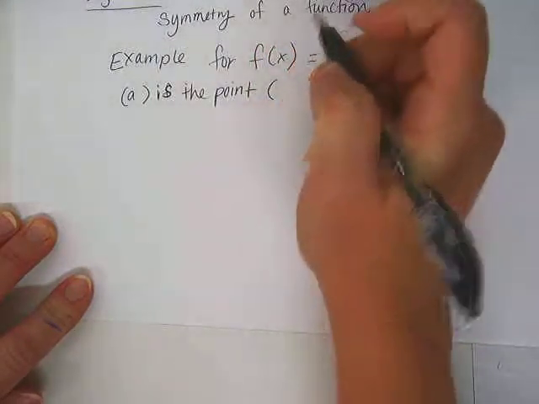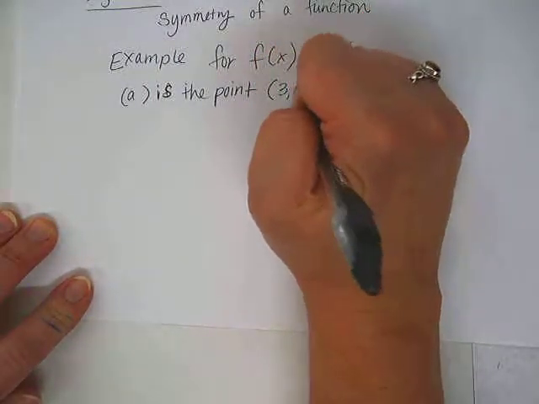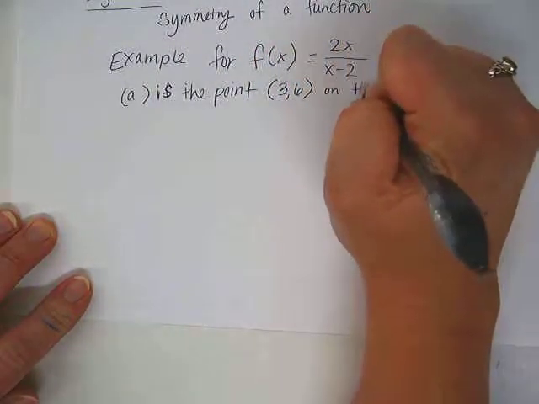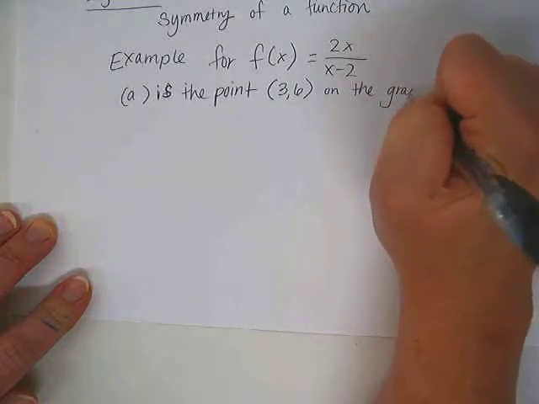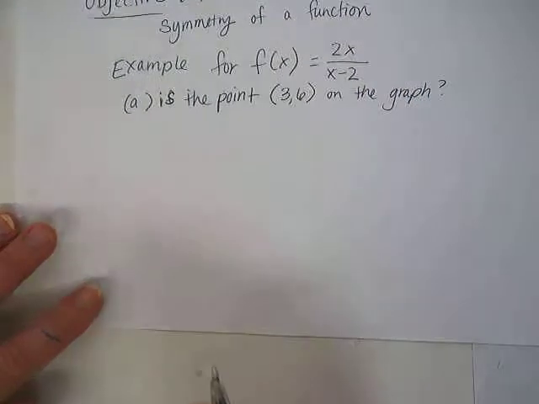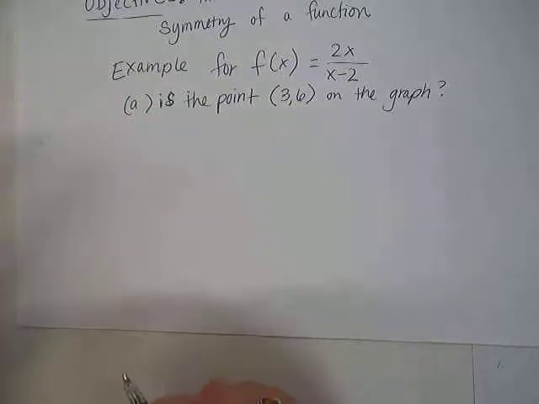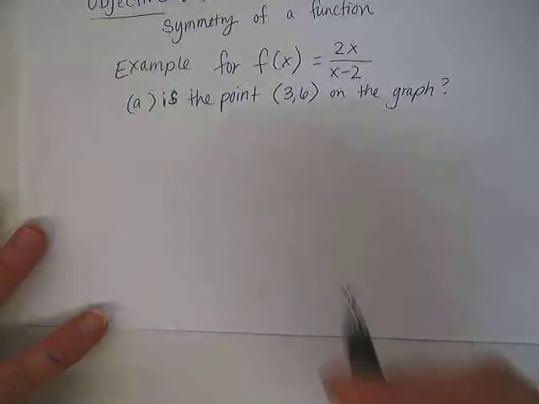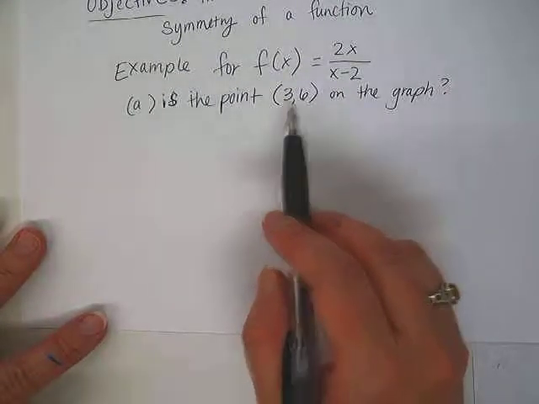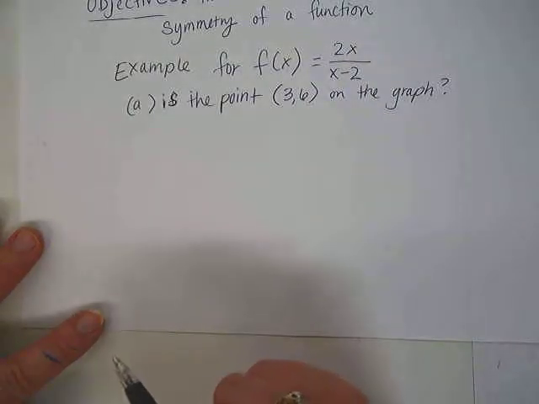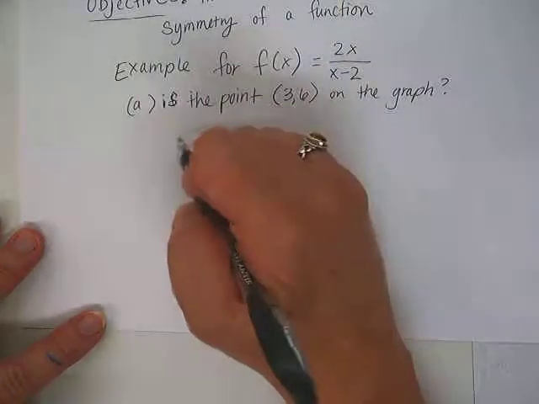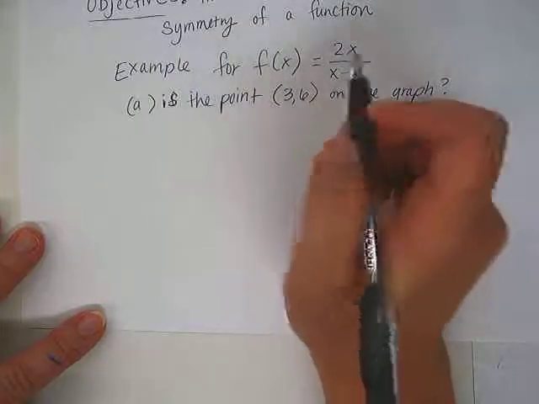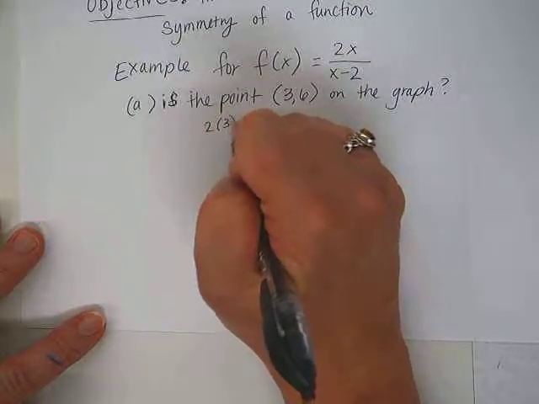Is the point (3, 6) on the graph? Does this sound familiar to stuff we've already done? It should. How do we figure out if that point is on the graph? They didn't give us the graph.